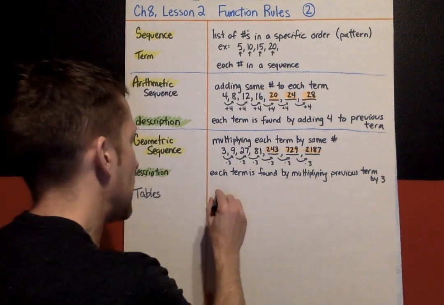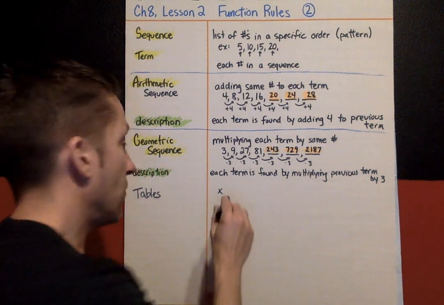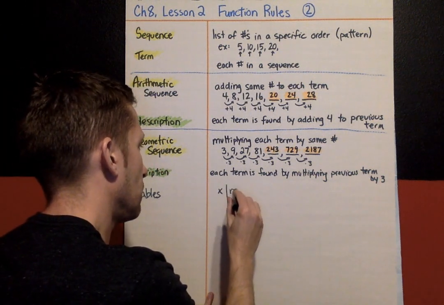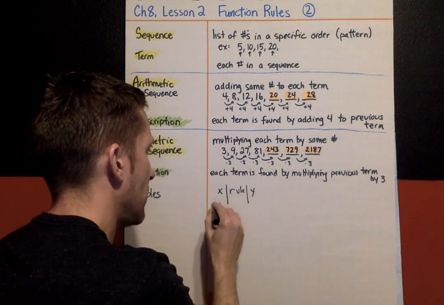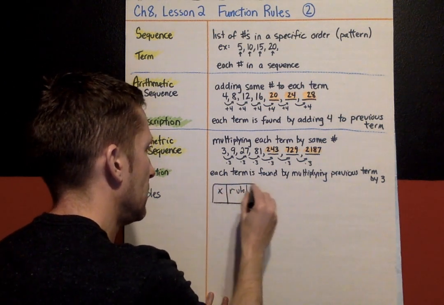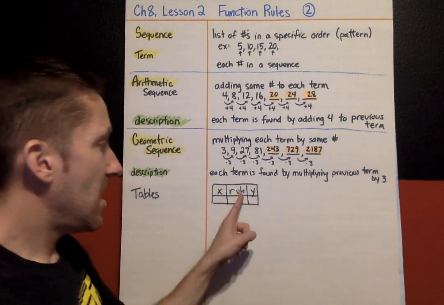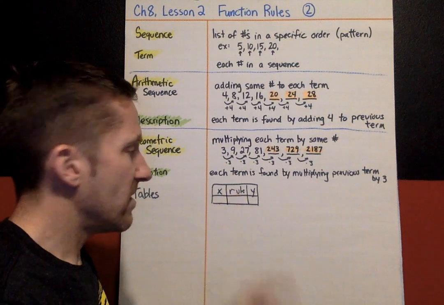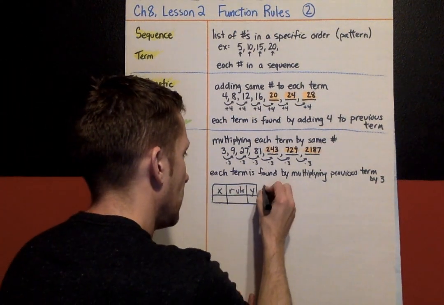So here's what we looked at yesterday. We had an x value, we had a rule, and then we had a y value, and our tables looked like this. Well, oftentimes this rule right here is not even included. So your tables are just going to look like this.